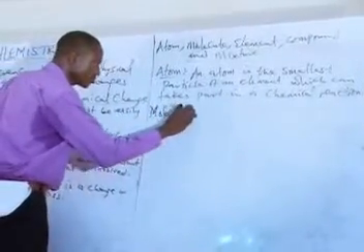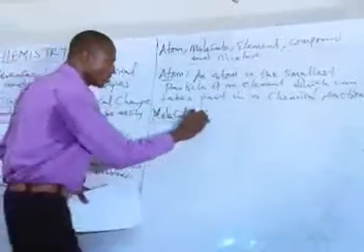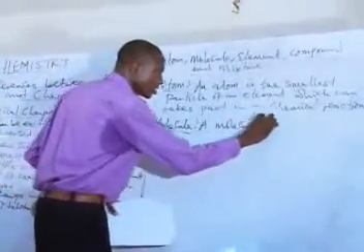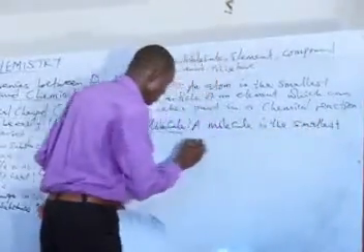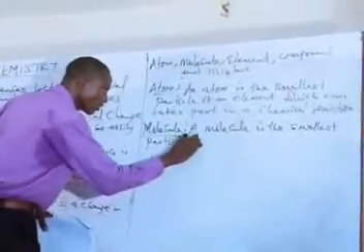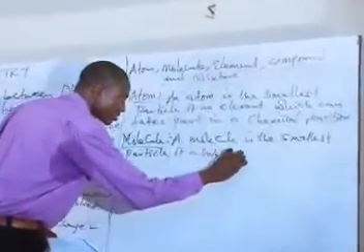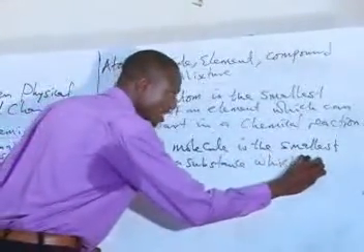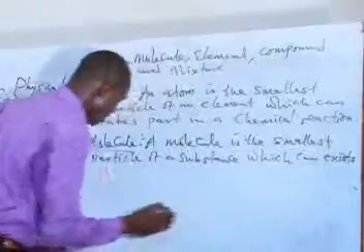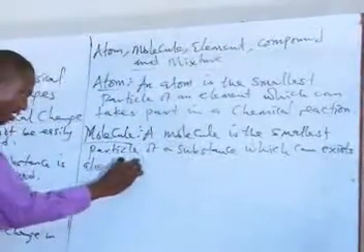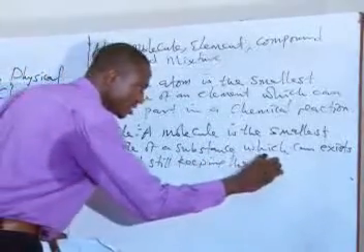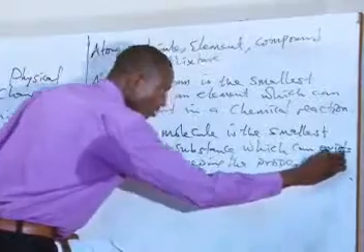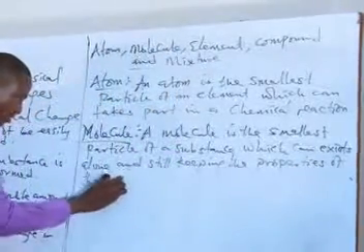Alright, apart from that, we also have molecules. A molecule is the smallest particle of a substance which can exist alone and still keep the properties of that substance.